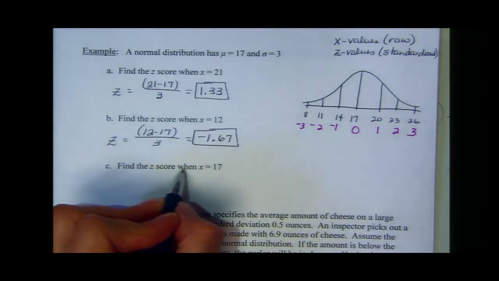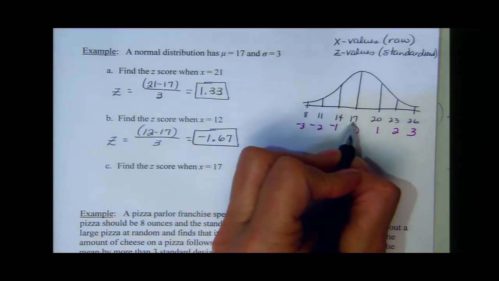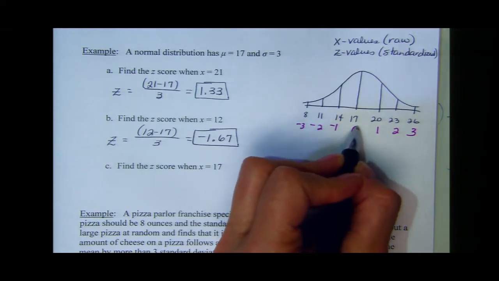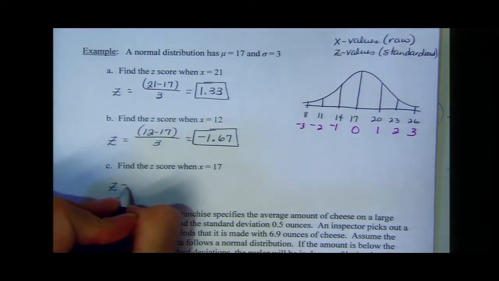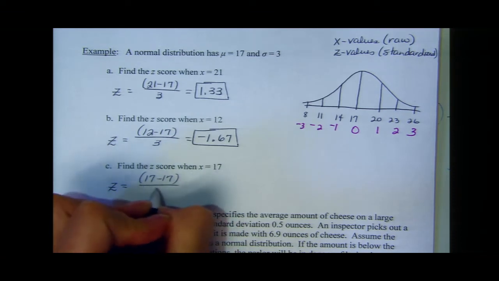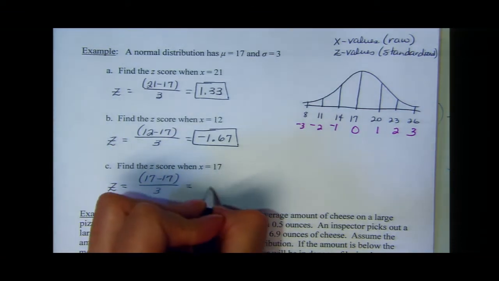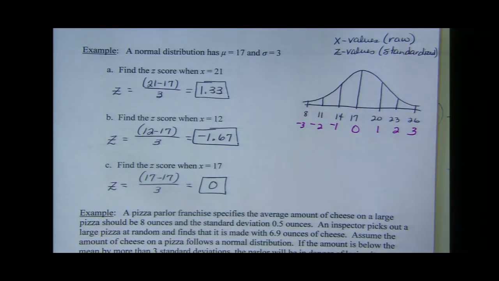Find the z-score when x is equal to 17. Well, here's 17. That's an x value. What is the standardized value? Well, if I plug everything into the formula correctly, I should get 0. X, 17, minus mu, 17, divided by 3. Well, 17 minus 17 is 0. 0 divided by 3 is 0. So that makes sense in relationship to my picture.